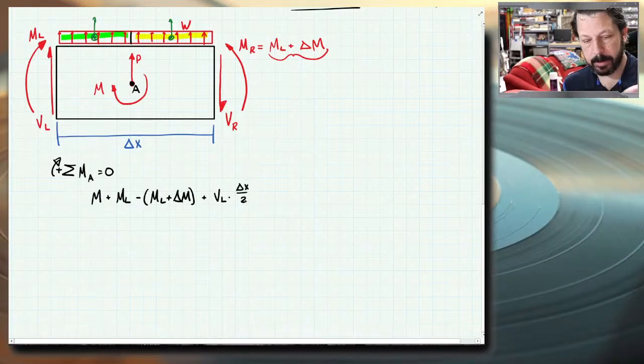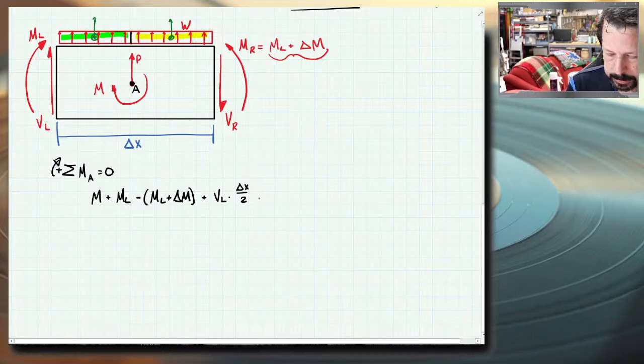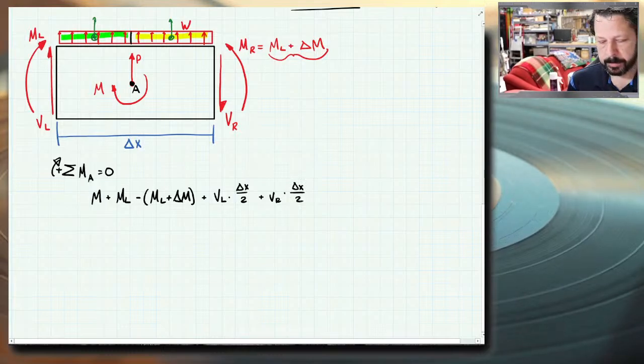And VR also goes around clockwise. Notice their directions are such that they would both create clockwise moments. So plus VR times delta x over 2. Those are all the things that create moments about A. All right, so they equal 0.